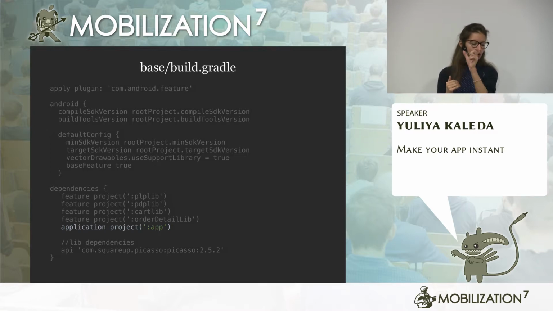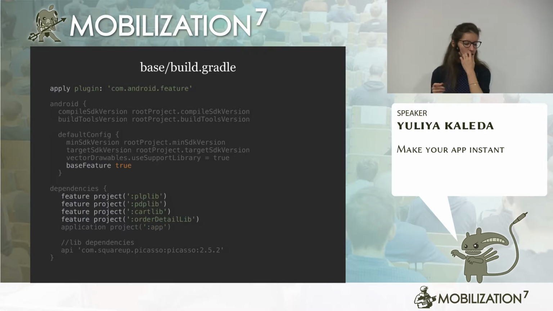So you can see the tag feature project, PLP lib, PDP lib, cart, and order detail. Because the base module is the main one for the rest of the modules, we have to set this. Base module is the foundation for all our feature modules, so we reference our feature modules in the base module.